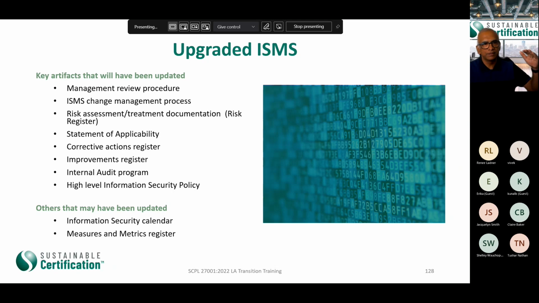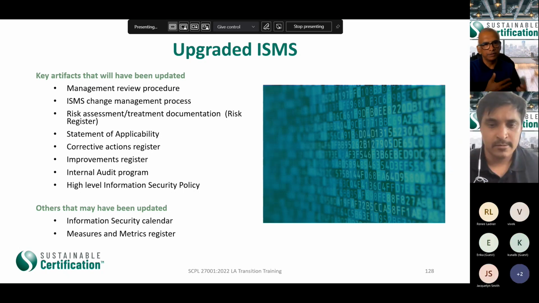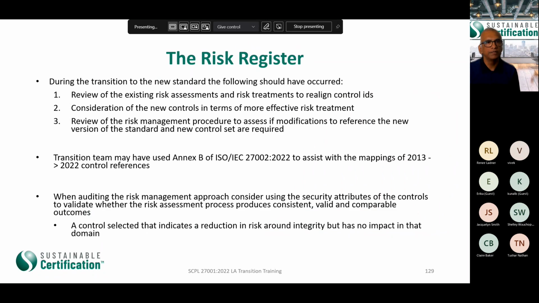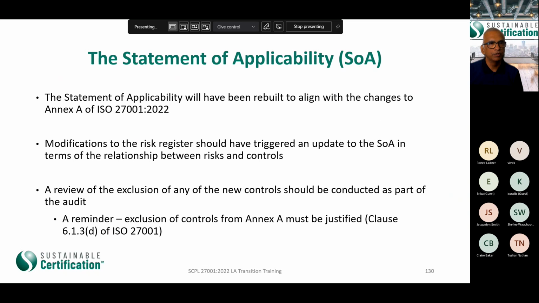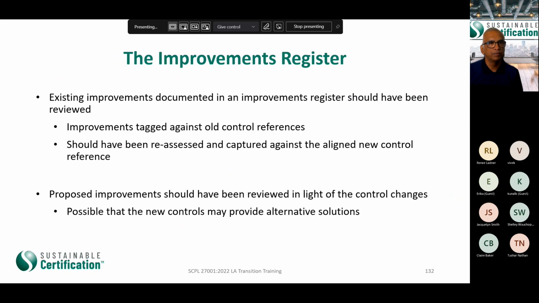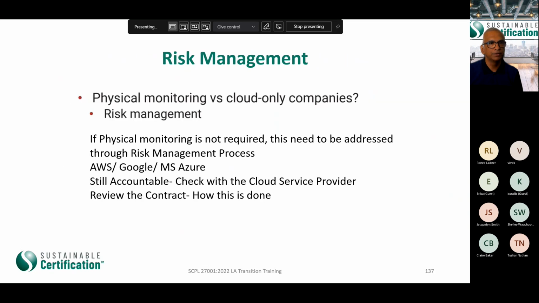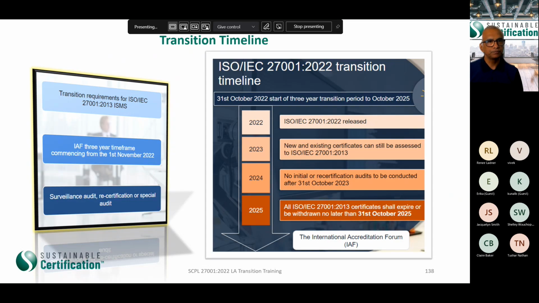So whatever ISMS tasks are there, the RACI matrix, if you develop in association with that, and then scheduled tasks of review, whether at different periodic intervals, all those things you can consider revising. And as I mentioned, the risk register, the statement of applicability, corrective action, internal audit program, the policy, the calendar, the measure metrics, and all this can be revised.